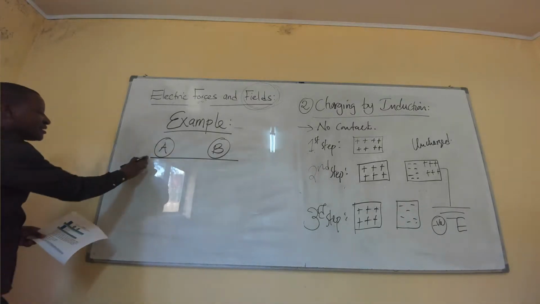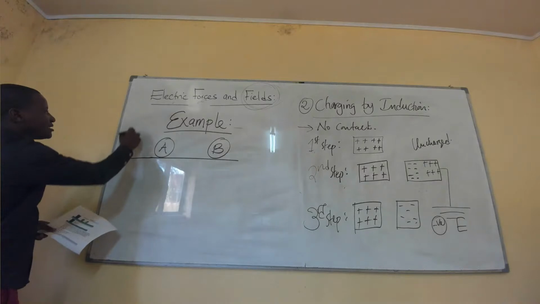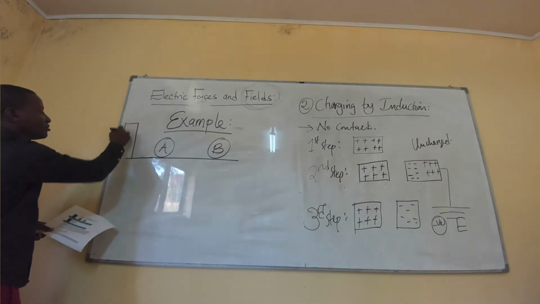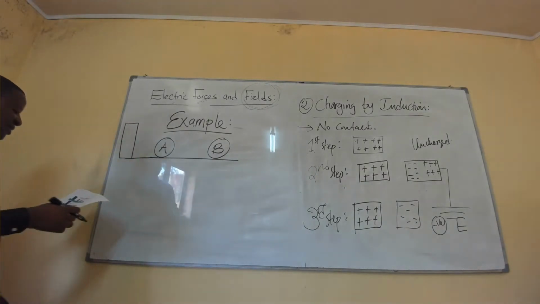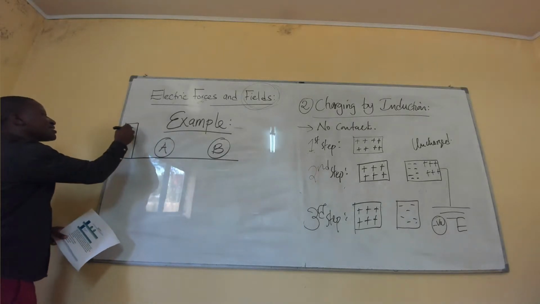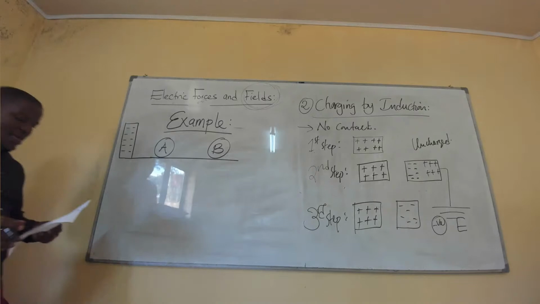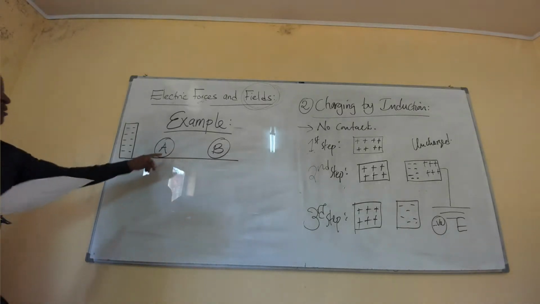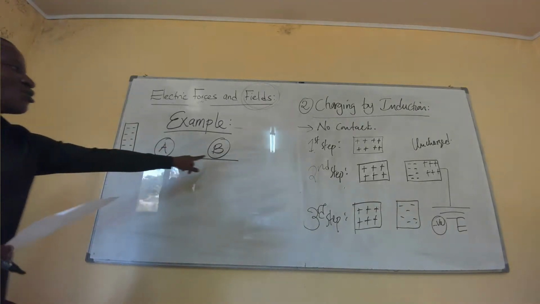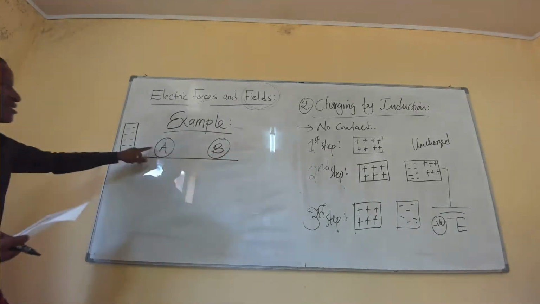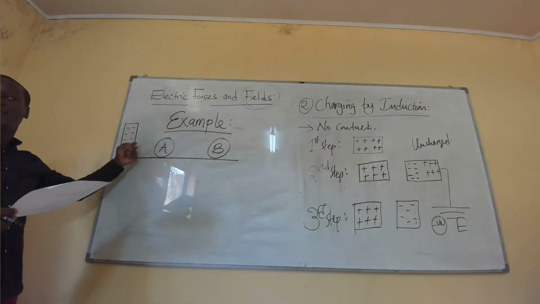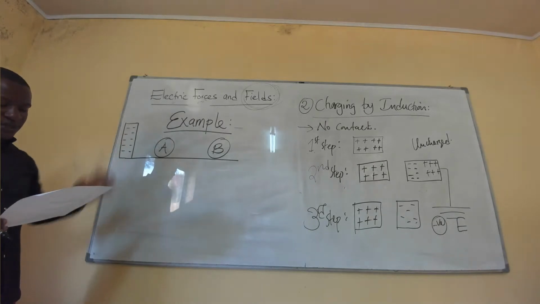So on the left side, we see that there is this block which is here. So the question is saying this block is actually negatively charged. Then the ball A is actually rolled from this end going in this direction, but before it hits this block, it actually stops.